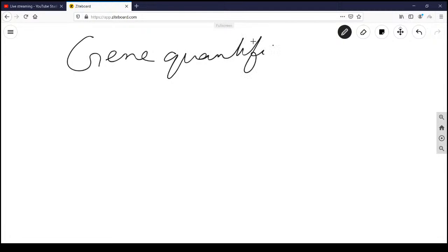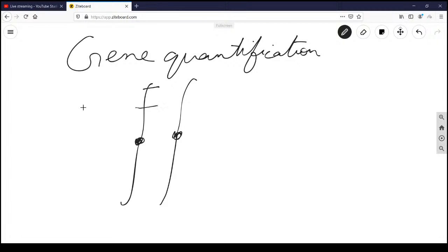Gene quantification. We know that if these two are the genes on homologous chromosomes, suppose this one is the proper one and this one is the defective one, the mutational one, possessing a missense or nonsense mutation. This is a double stranded DNA, and this is a double stranded DNA. One time this can be opened up by RNA polymerase and you can get mRNA from here. In another event, you can get mRNA from here.